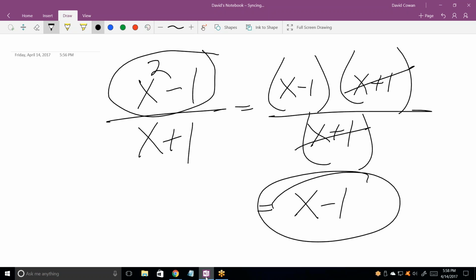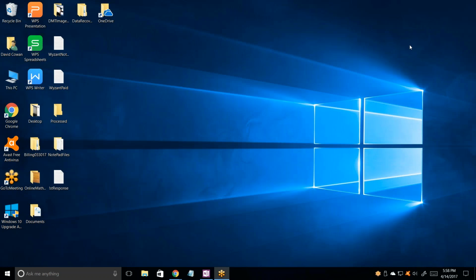What I'm doing is factoring the top and then canceling common factors. When I say canceling, what I really mean is I'm dividing top and bottom by x plus 1. So that doesn't really go away. It becomes a 1 and that becomes a 1, which gives me the answer x minus 1.